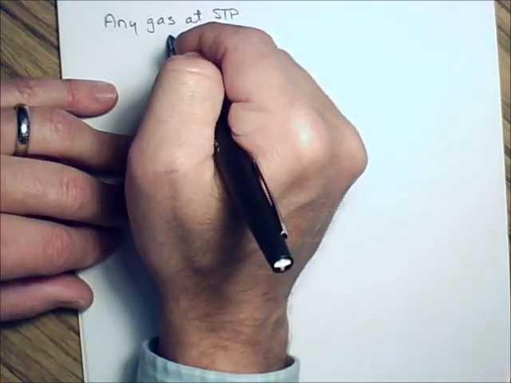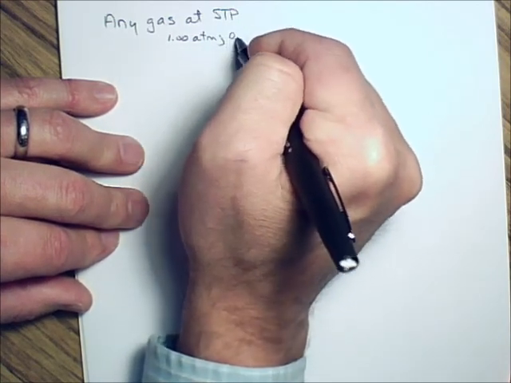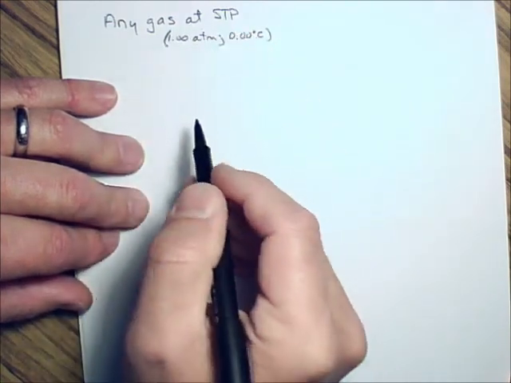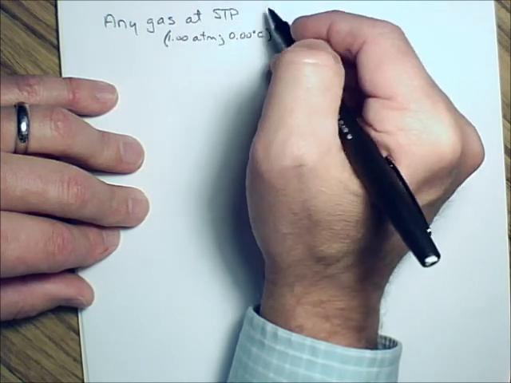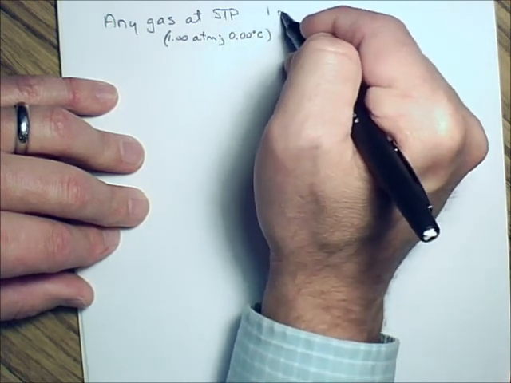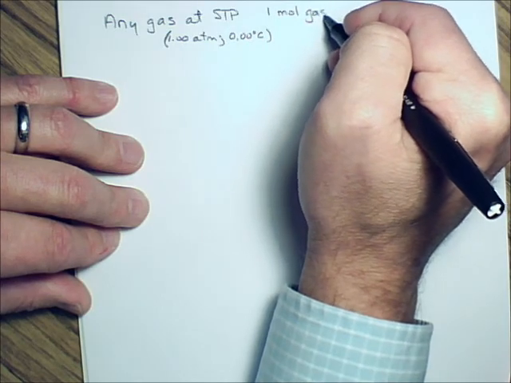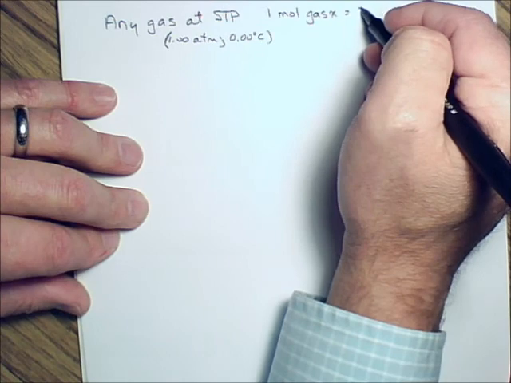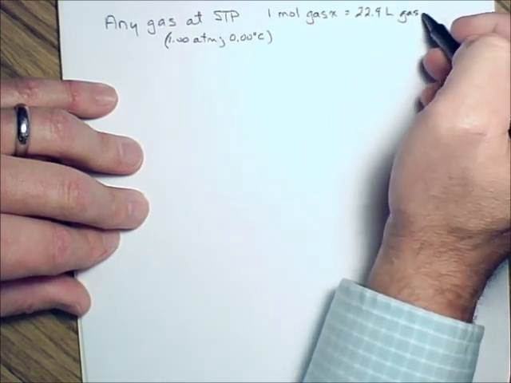Standard temperature and pressure is 1 atmosphere and 0 degrees C. So any gas at standard temperature and pressure has a molar volume. That means that 1 mole of that gas, X, whatever that gas is, is equal to 22.4 liters of that gas.